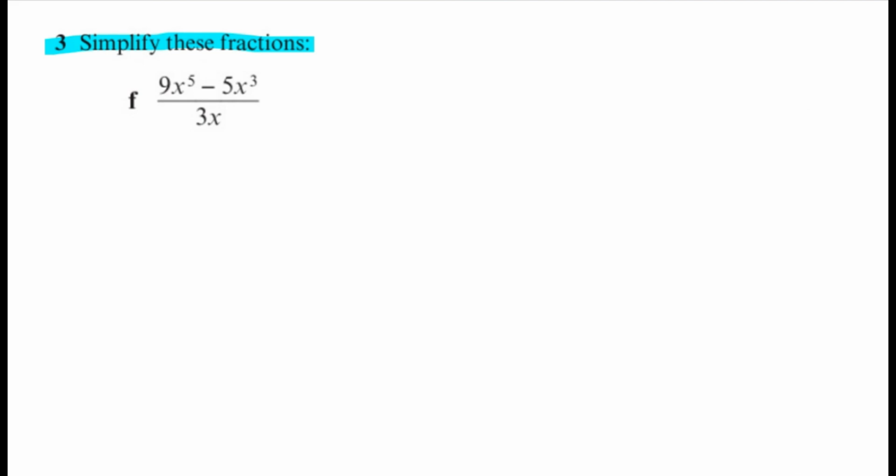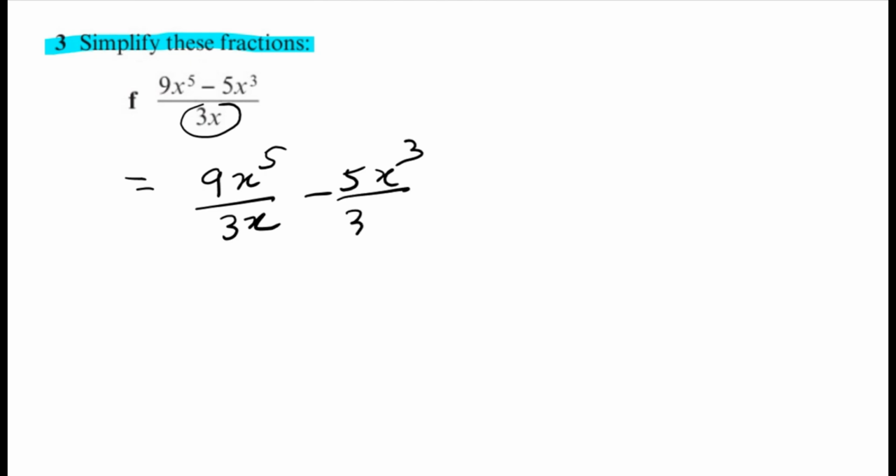Let's move to question number 3. Simplify these fractions. As you can see here, these are fractions. In that, we have to divide the denominator into each numerator. So we can write 9x^5 over 3x minus 5x cubed over 3x, which is opposite to how we add and subtract fractions by making the denominator the same.